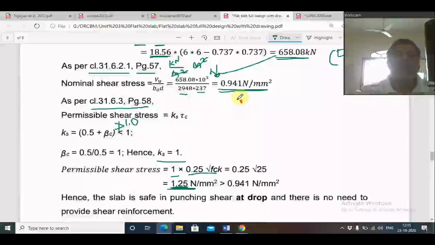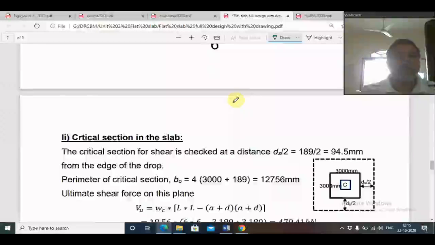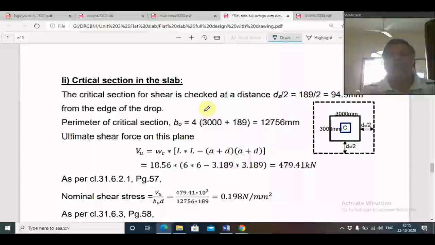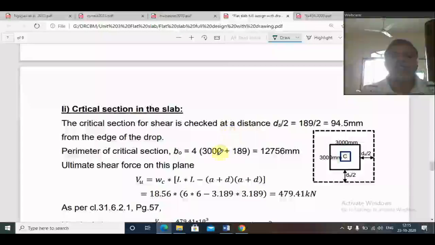Then coming to the critical section in the slab. Here I have clearly given the calculations. You can slowly go through these calculations. If time permits, you can do this calculation in the examination. Because if the slab is safe at the drop location, it will definitely be safe at the slab location.